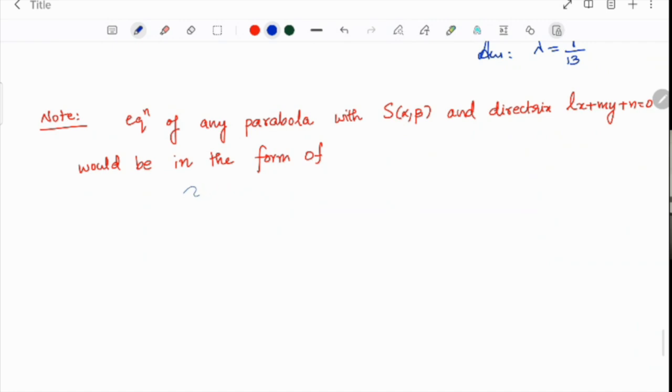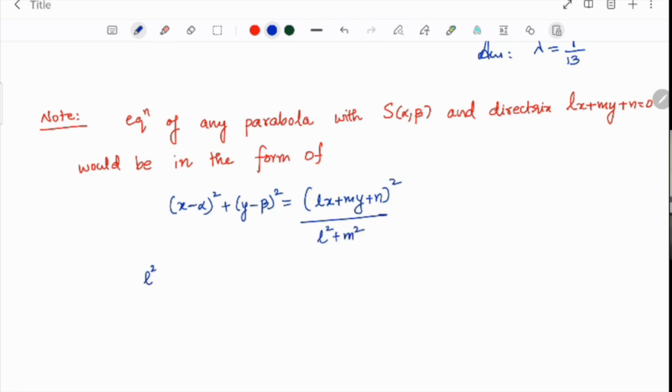That is (x minus alpha) whole square plus (y minus beta) whole square is equal to (Lx plus My plus N) whole square divided by (L square plus M square).